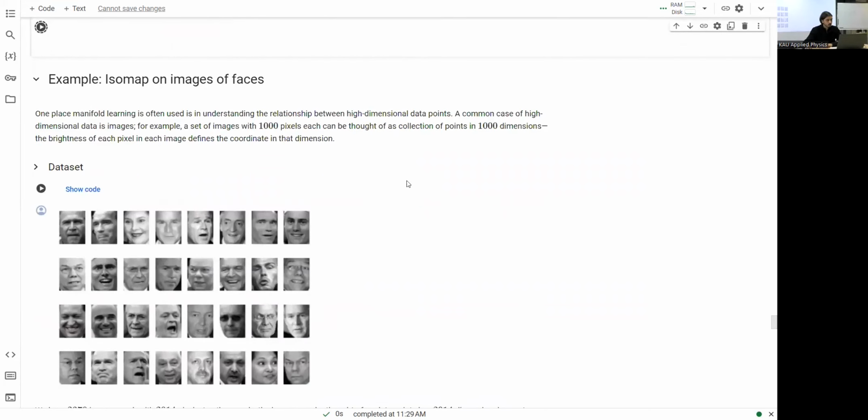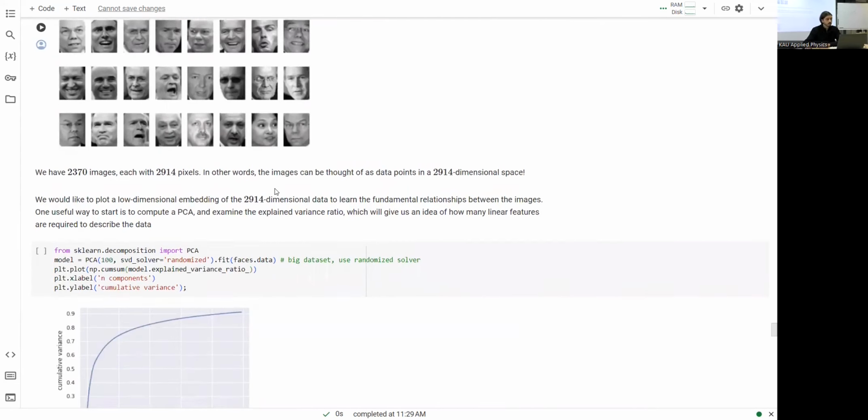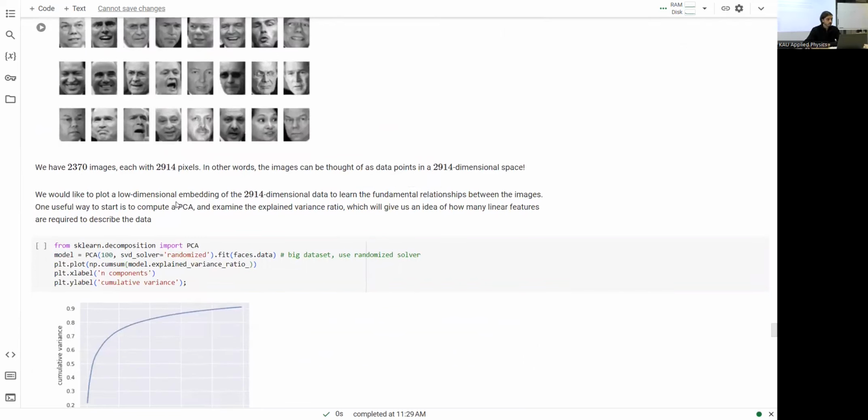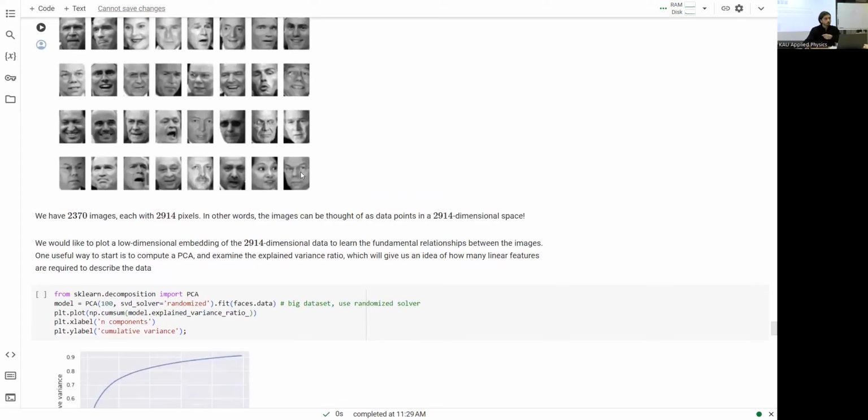Good. While it starts, let me show you a different example. Here we have images of faces, a small data set with a little more than 2,000 images, each with almost 3,000 pixels. If we consider each pixel as a coordinate, each of these images is a point in a 3,000 dimensional space.